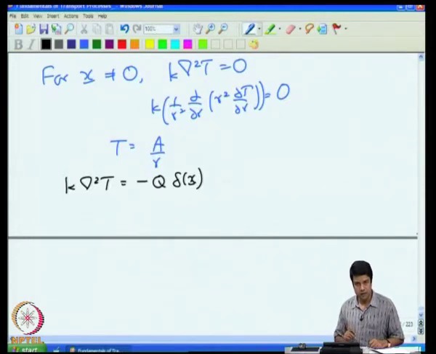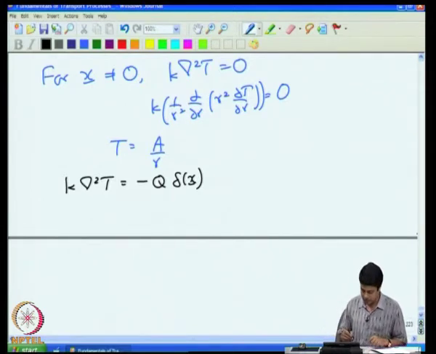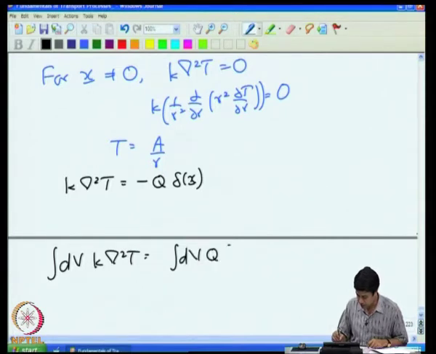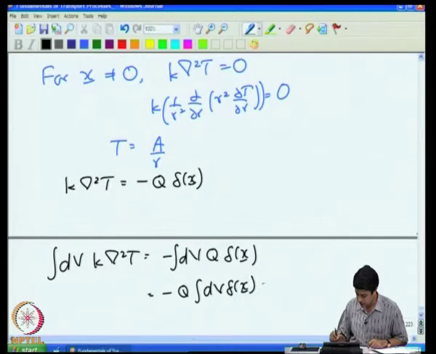So, I can usefully obtain a condition for this by taking a volume integral over the entire volume. I take the integral over the volume dV of K del square T, which is equal to the integral over the volume of minus Q times delta of x, which is minus Q integral dV delta of x, which is minus Q.